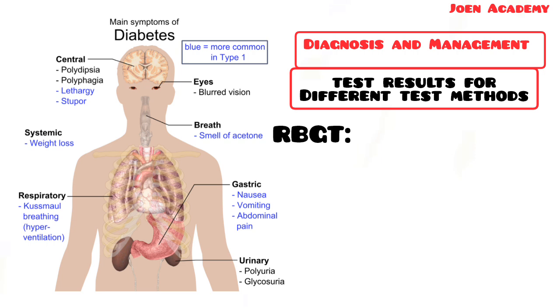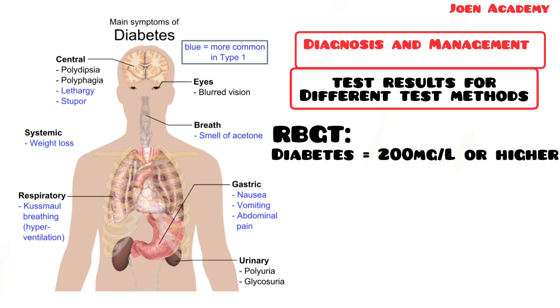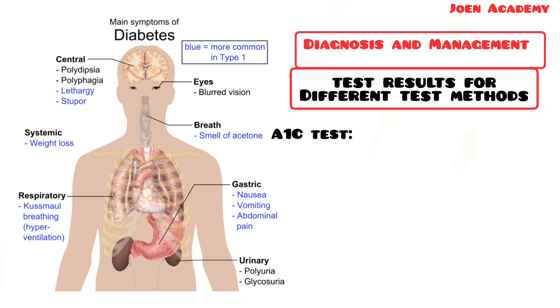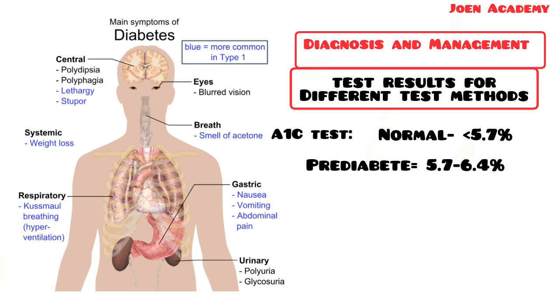As for the random blood glucose test, it is diabetes when the value is 200 mg per dl or higher. Then as for the A1C test, it is in range when the value is less than 5.7%. Then it is prediabetes when the value is 5.7 to 6.4%. Then it is diabetes when the value is 6.5% or higher.